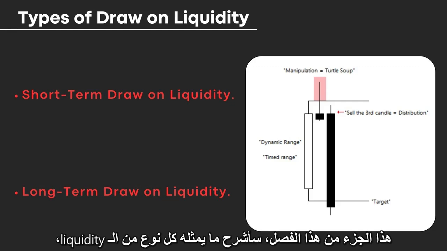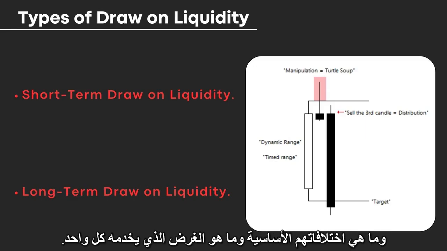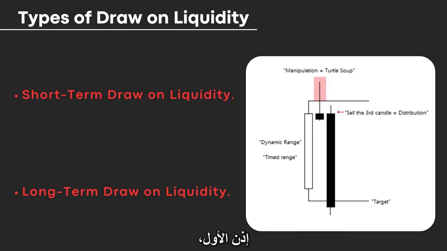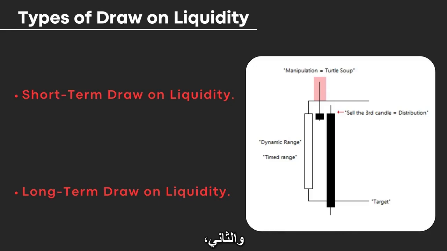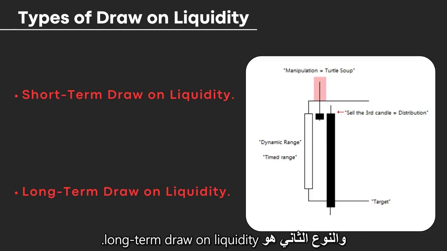In this part of this chapter, I'll explain what each type of drawn liquidity stands for, what their core differences are, and what purpose each one serves. The first type is short-term drawn liquidity, and the second type is long-term drawn liquidity.